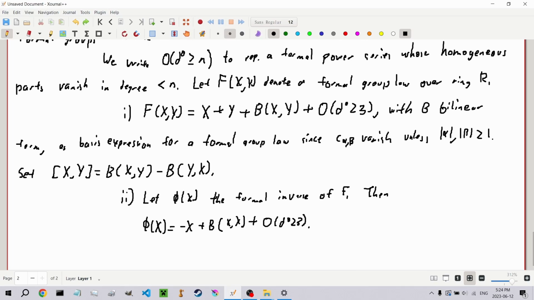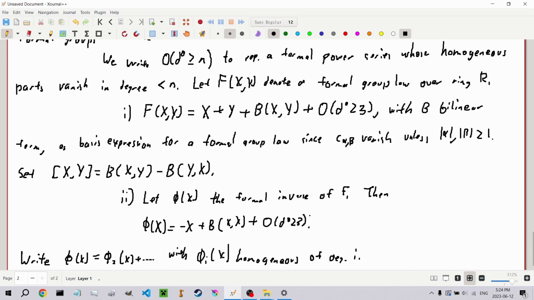And to see this, we can write phi of x will be phi 2 of x plus higher order terms, with, of course, phi i of x being homogeneous of degree i.